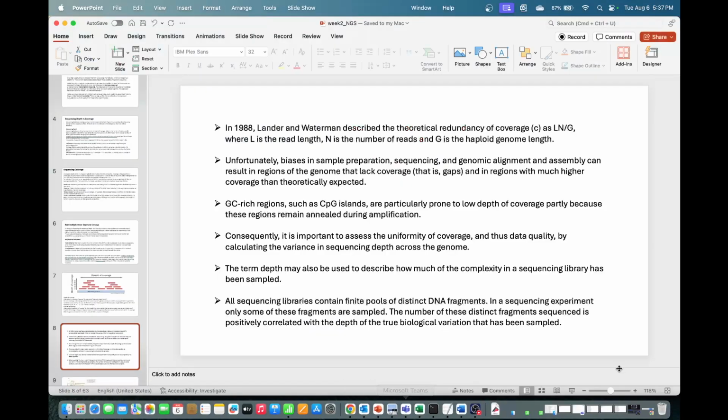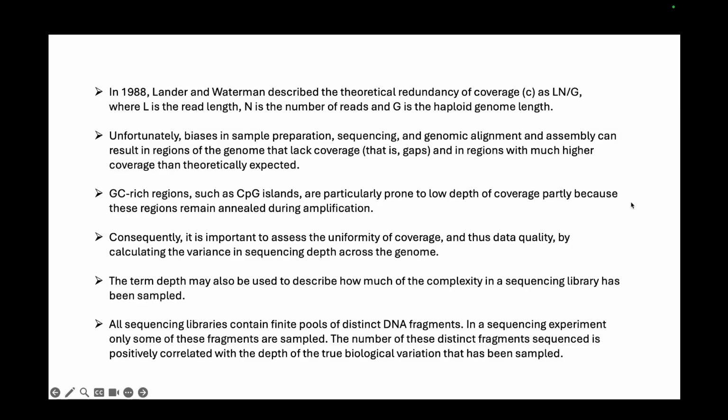Okay, moving on. So with these GC rich regions, if you remember from elementary molecular biology, GC forms triple hydrogen bonds compared to AT, right? So if you have a GC rich region, it turns on itself and forms double bonds.